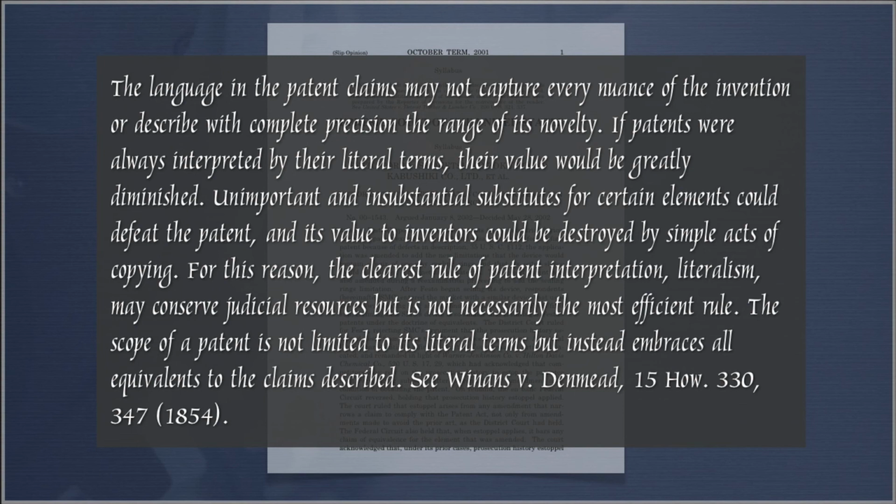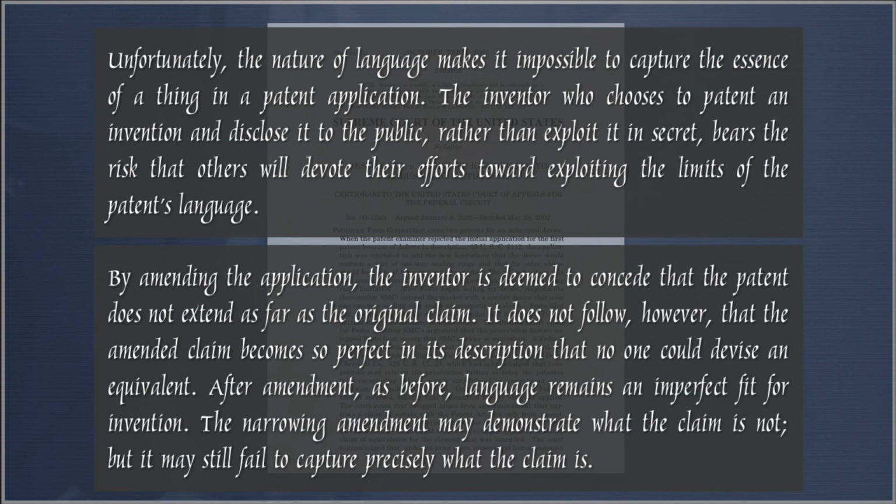The scope of a patent is not limited to its literal terms, but instead embraces all equivalents to the claims described. This is basically a defense, citing Winans, of course, of the Doctrine of Equivalents, explaining what the court's theory of the Doctrine of Equivalents is, right? And again, it's focused on the nuance, the difficulty of language. So, unfortunately, the nature of language makes it impossible to capture the essence of a thing in a patent application.